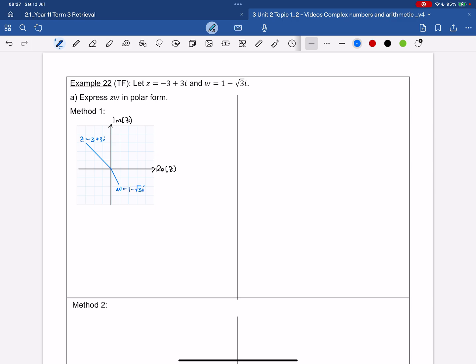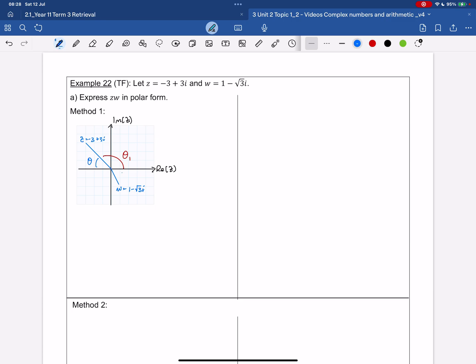Now, if I'm going to put this into polar form, I need to know my principal argument for Z and my principal argument for W, and I'll need my magnitude or my modulus of each of those. For Z, the angle I'm going to be working with is this one here in my second quadrant, which means that my principal argument is going to have to be this theta 1 over here for it to be in the correct domain.